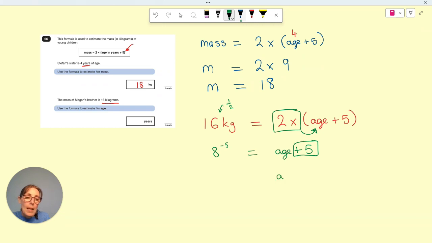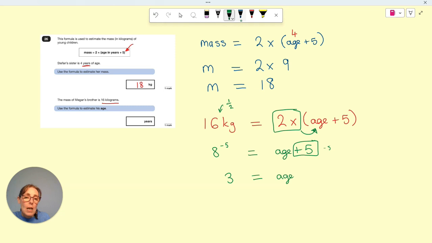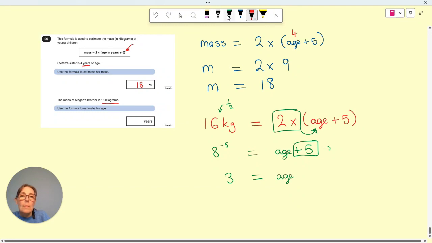So maybe if I take 5 away from that side and I take 5 away from the other side, I wonder if he's 3. Let's put it back into the formula to see if it works. Okay, I'm going to put 3 here now.